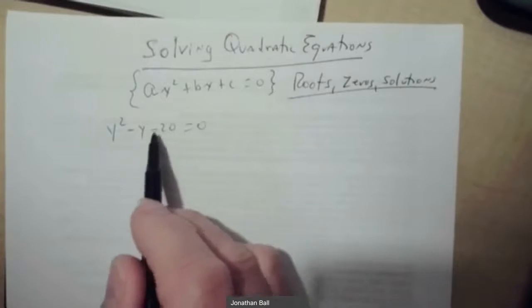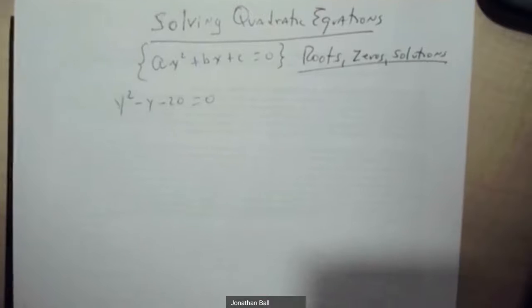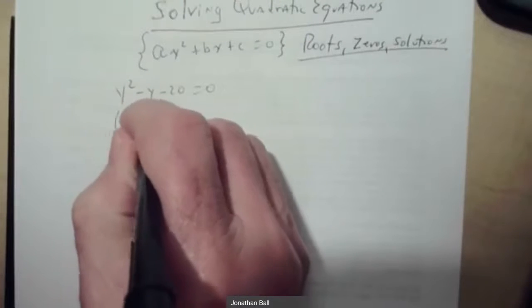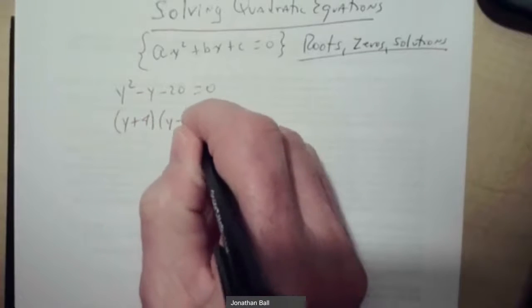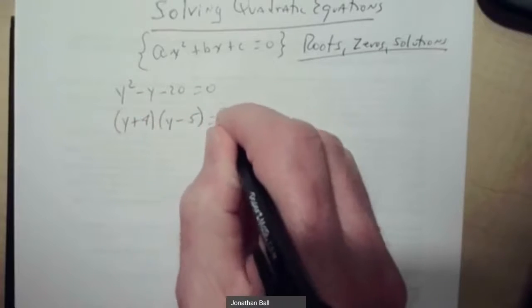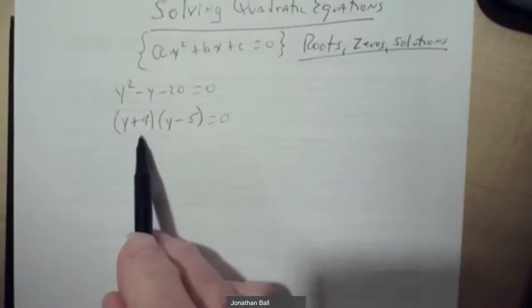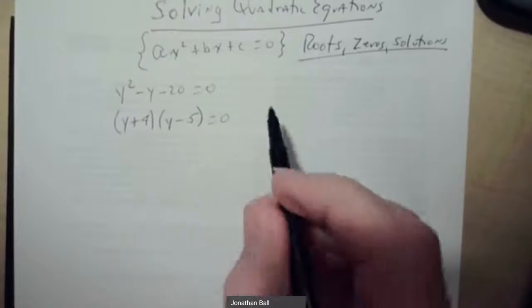Now we're going to factor this. When you factor it, it's y plus 4 times y minus 5 equals 0. Now what we do here is we take each one of the factors and set it equal to 0.